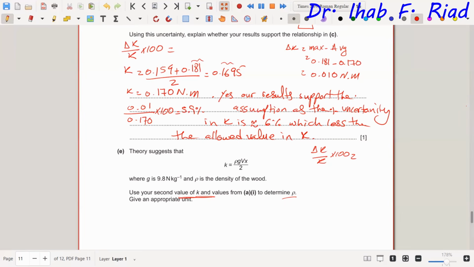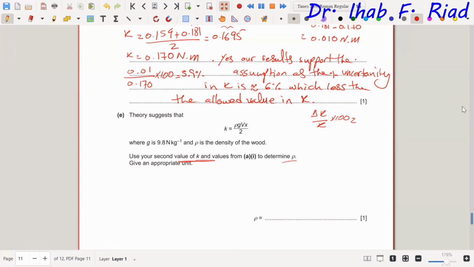Give an appropriate unit. So we need to rewrite this equation for rho. So what is rho going to equal? 2k over g v x.